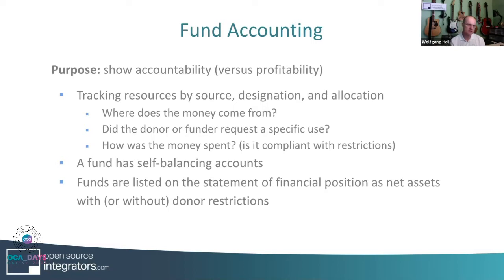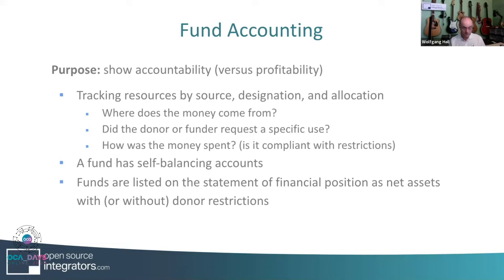And I mentioned the tracking of resources. So this is done by source, designation, and allocation. Where does the money come from? Where should I use it? And what specific area should I use it for? And how was it spent in reality, other than my goals? Is it compliant with what I have to do? And the fund has self-balancing accounts.